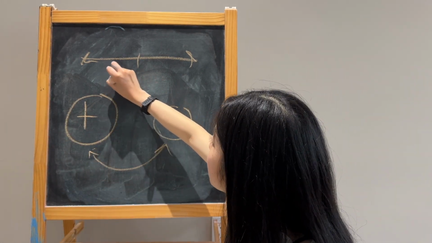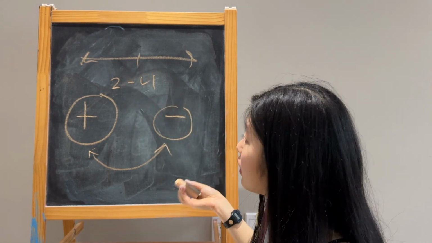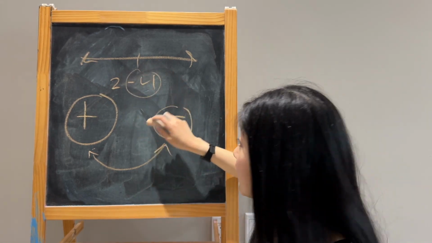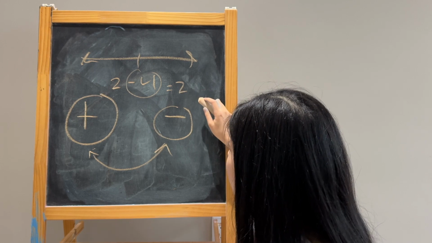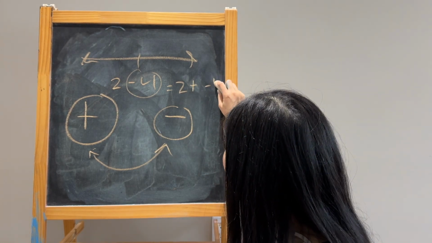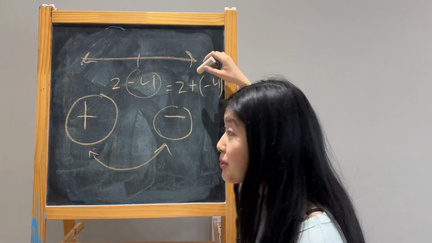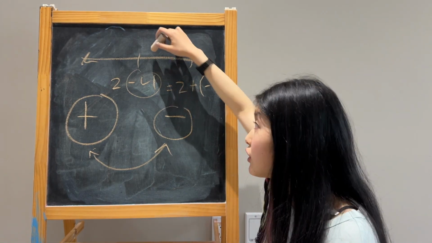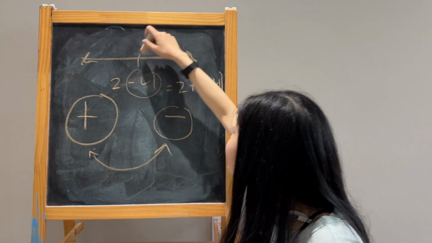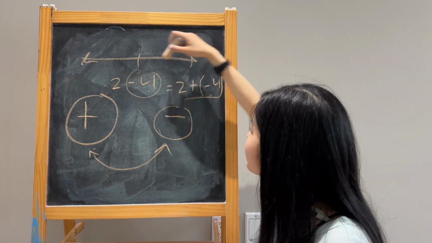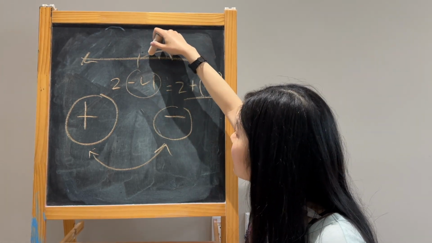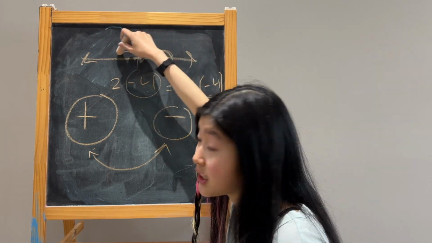So back to our problem here, 2 minus 4. Well, minus 4 is actually equal to 2 plus -4. So this one doesn't make too much of a difference because after using the number line, we pretty much use the same method, right? We just went from 2 and then added 4 in this direction.